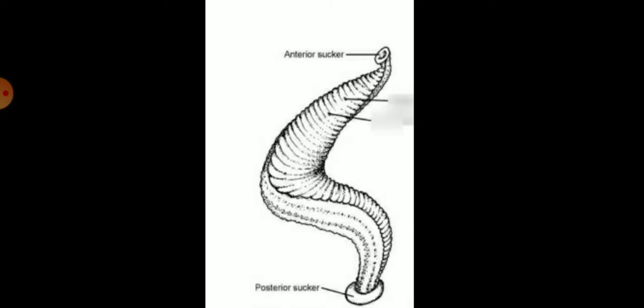This is due to the contraction and the relaxation of the body muscles. So the locomotion in the leech is brought about by the contraction and relaxation of the body muscles, the same type as the earthworm.